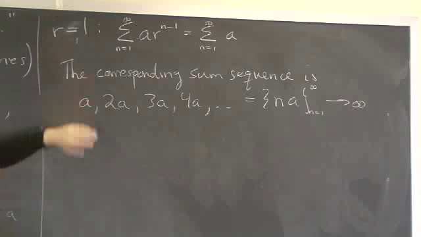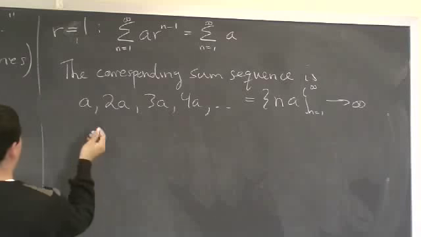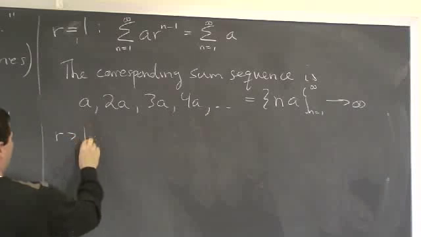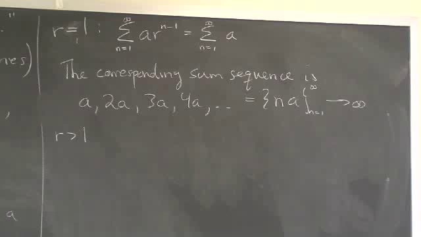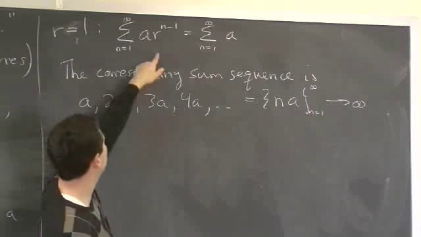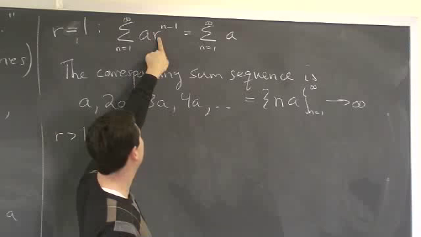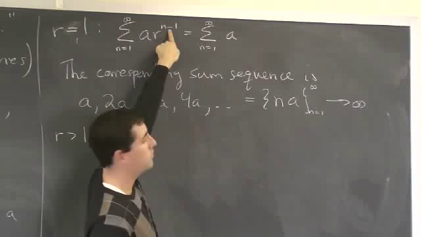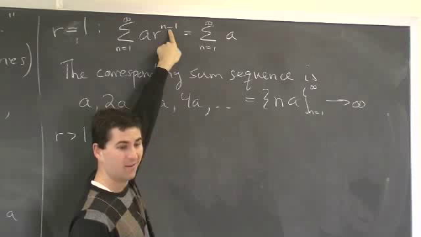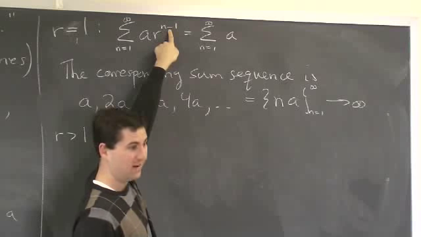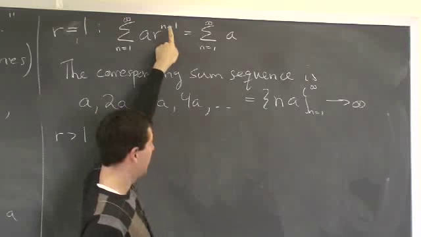So if r is equal to 1, that's what happens. Okay, that's very easy to see. Now, what about r greater than 1? Well, if r is greater than 1, then each of these r's to a higher power is going to get bigger. So it's actually going to get worse.